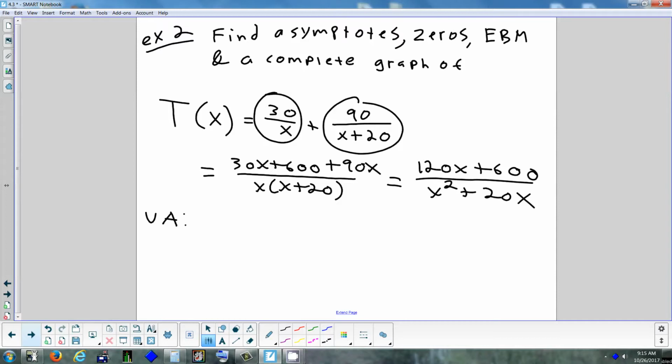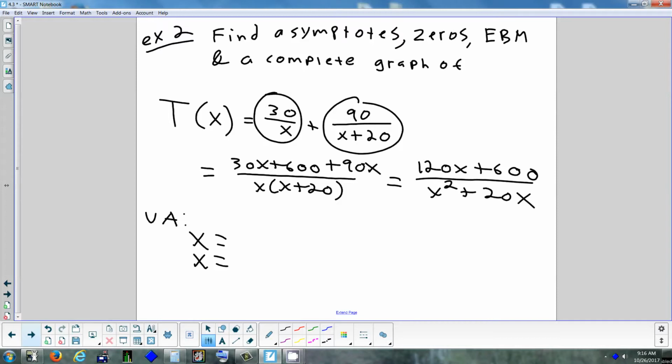Someone remind me again, how do you always find vertical asymptotes? Rebecca? Get the denominator equal to 0. Can you tell me the two numbers that would make the denominator 0 in this case? No, 10 and 2 wouldn't work.